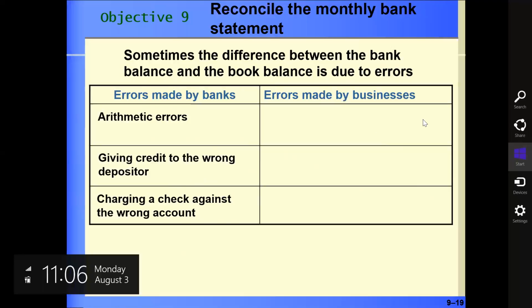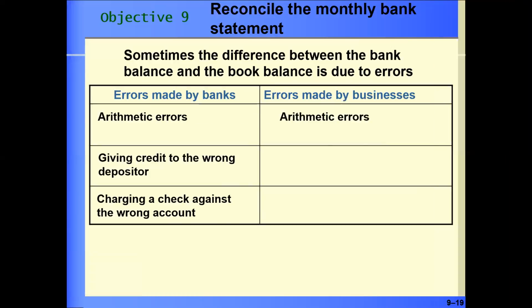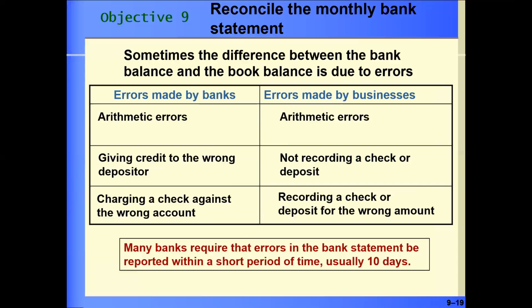Right. Errors made by businesses: arithmetic errors. Not recording a check or a deposit, that's real common. Both of these are common. And recording a check or deposit for the wrong amount is also very common. So there's errors no matter what, but there's basically the same type of errors.